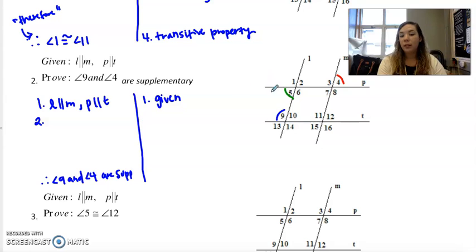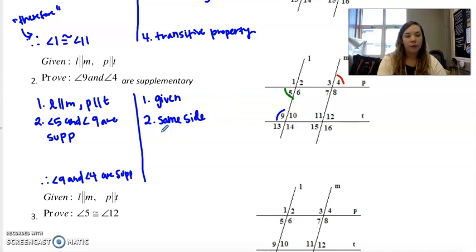Step 2, we can say that these are same side interior, and our steps 2 and 3 could be in the opposite order. But we'll say angle 5 and angle 9 are supplementary. And our reason is that they are same side interior angles.